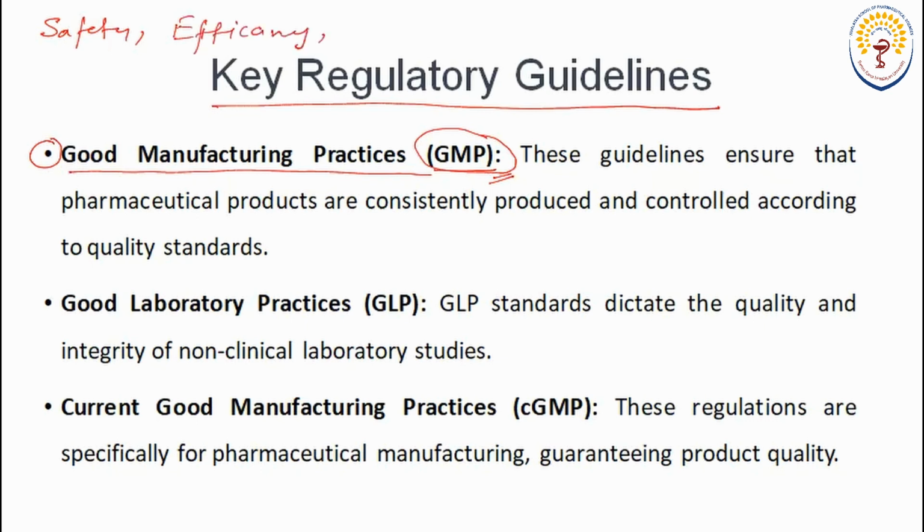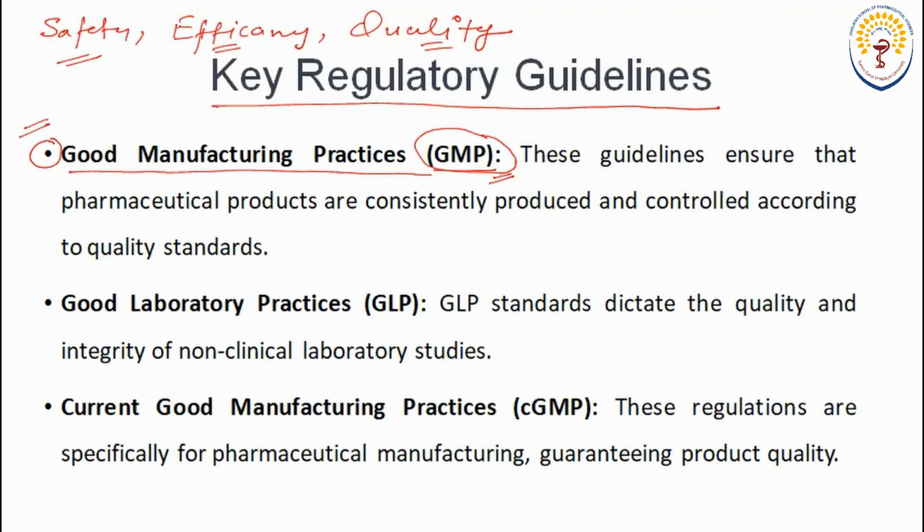and quality. So in the previous slide I already told you that these government agencies ensure the safety, efficacy and quality. So every guideline is just ensuring these three things, and these three things are ensured on different levels.